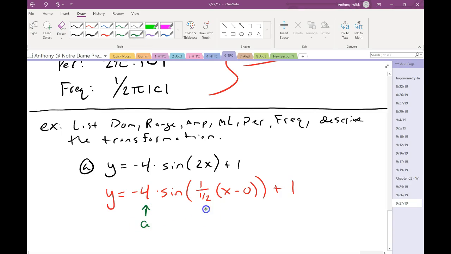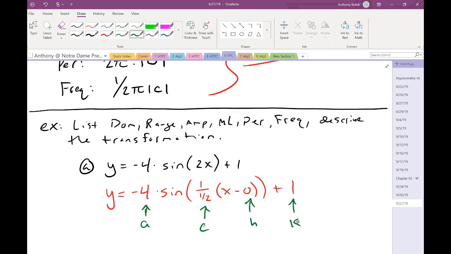So now it's easy to see my values for A, C, H, and K by doing that. The only reason I'm rewriting it this way is so that it's easy for me to justify what my values for A, C, H, and K are.